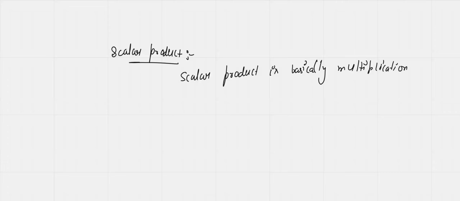Scalar product is basically multiplication of vectors magnitude. So I can't see. Wait, okay, I think you can't see.